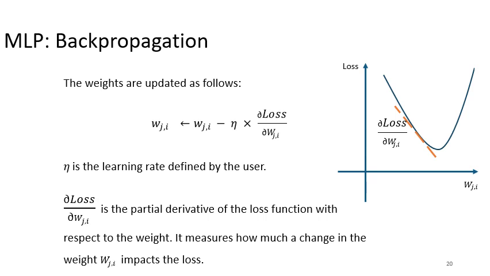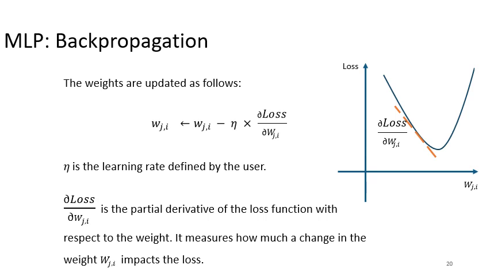Anyway, the derivative of delta loss with respect to delta Wgi signifies the partial derivative of the loss function with respect to the weight Wgi, and this derivative measures the impact of a change in the weight Wgi on the overall loss.